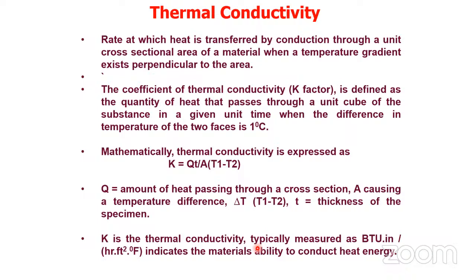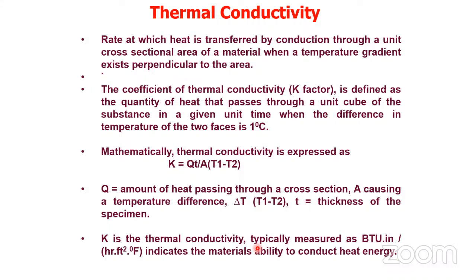It is the heat transfer through the polymeric material per unit area, per unit polymeric surface area. That means at a specific surface area, how much heat can be transferred through your polymeric material can be calculated.